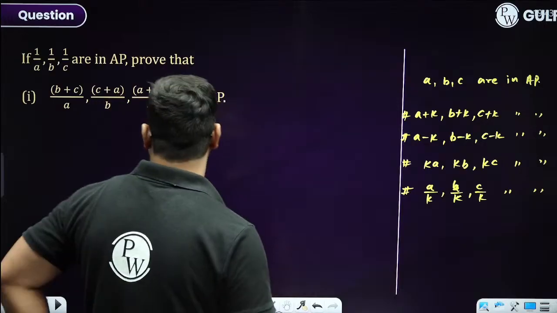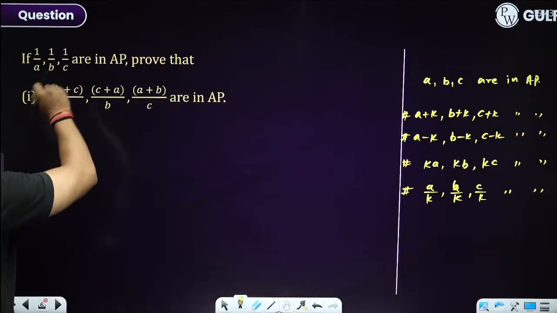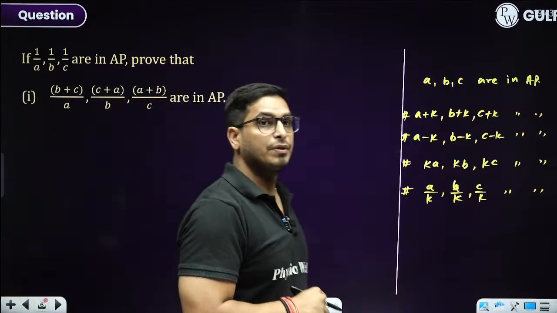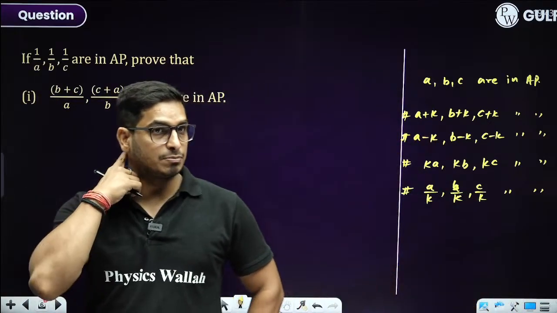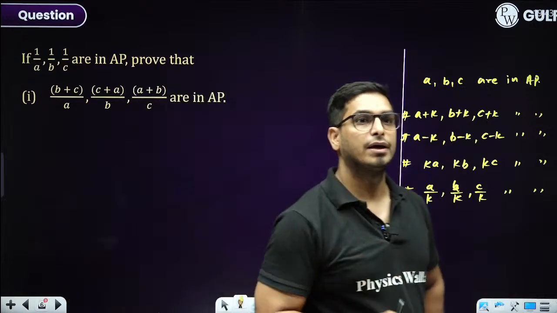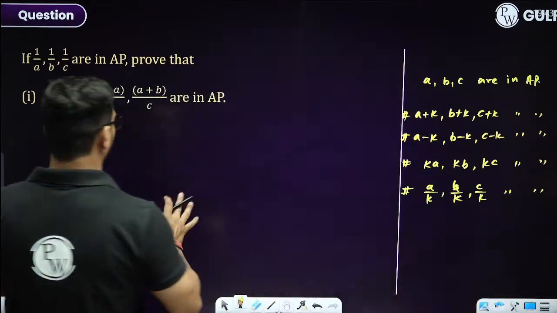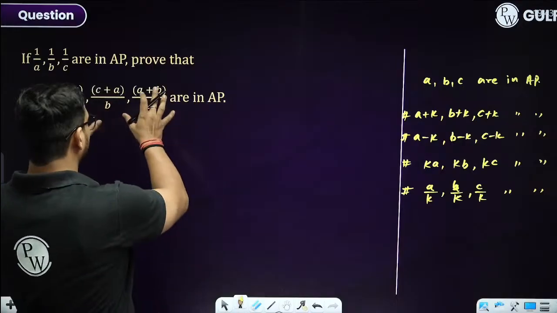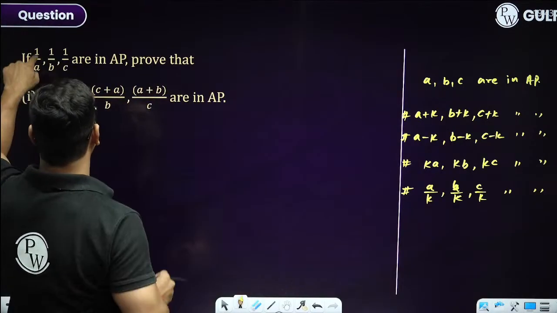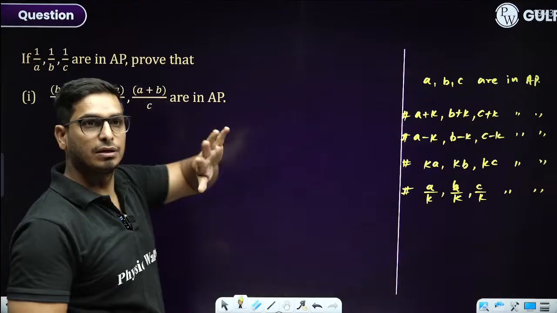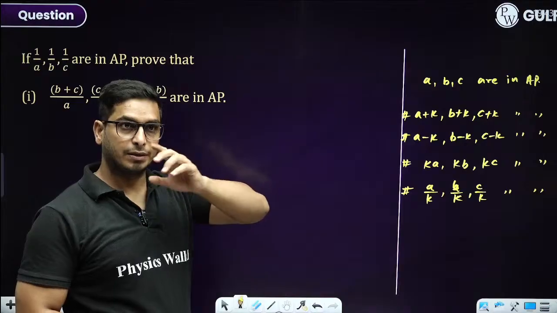Now if you see here, we have 1 by A, 1 by B, 1 by C are in AP. Prove that (B plus C) by A, (C plus A) by B and (A plus B) by C are in AP. If we prove that 1 by A, 1 by B and 1 by C are in AP, that will also be okay.